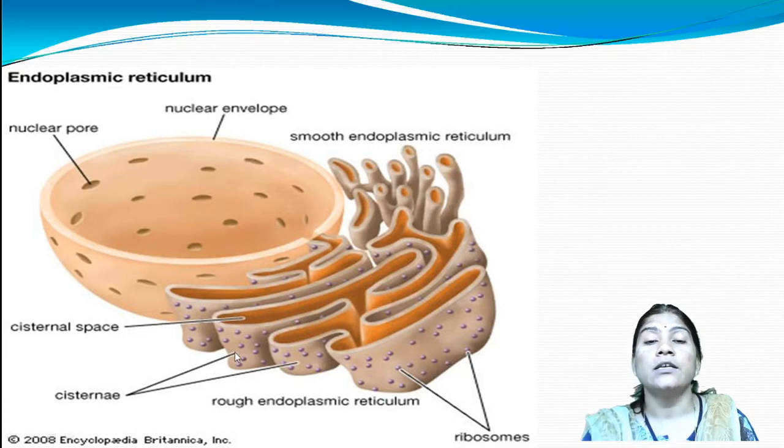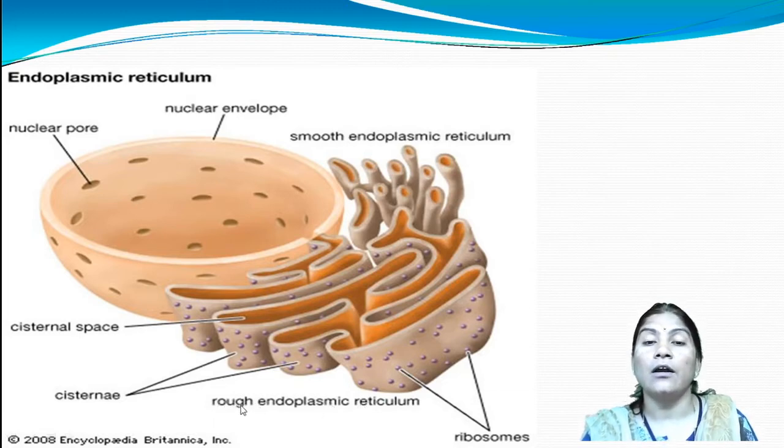And we know that cisternae also have ribosomes on their membrane. Due to the presence of the ribosomes, this network of the endoplasmic reticulum has a rough appearance, and that's why it is called the rough endoplasmic reticulum.